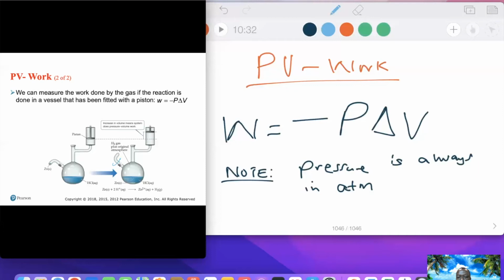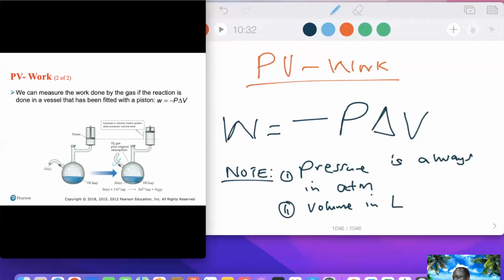I know you covered, or it's expected that you covered in introduction to chemistry, the gas laws, and learned how to convert pressure from one unit to another using the appropriate conversion. And volume is always in liters.